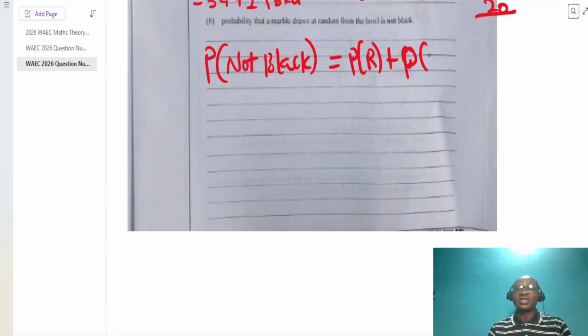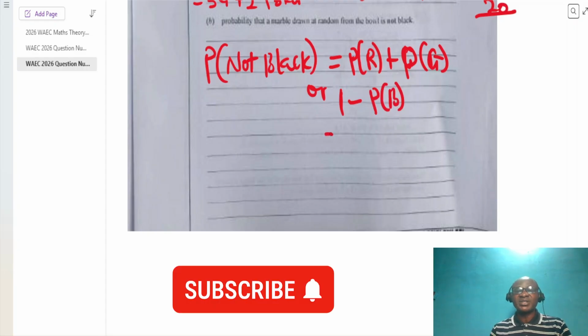Another way it can be done is simply to write it as 1 minus the probability that it is black. Either way can give us the answer. So let's use the second method.